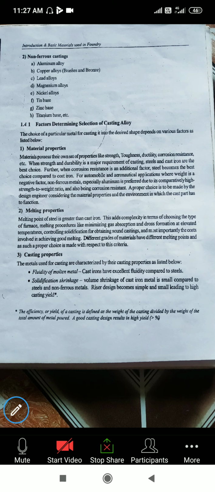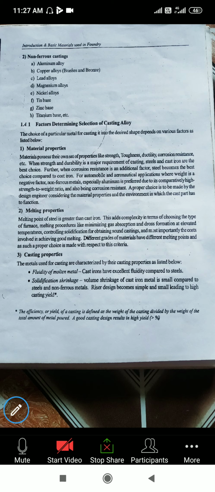The different grades of materials have different melting points, and a proper choice is made with respect to its criteria. Now see what is happening if you are choosing any product for casting purposes. The raw material, that means the metal, may be ferrous or non-ferrous, so it is very difficult to choose the furnace.